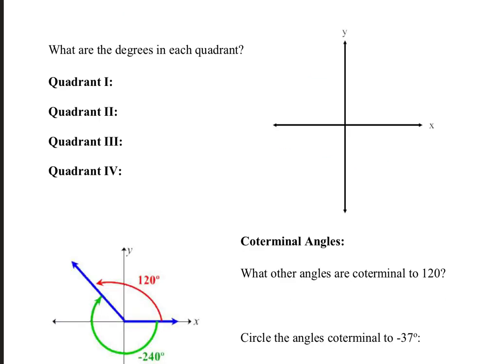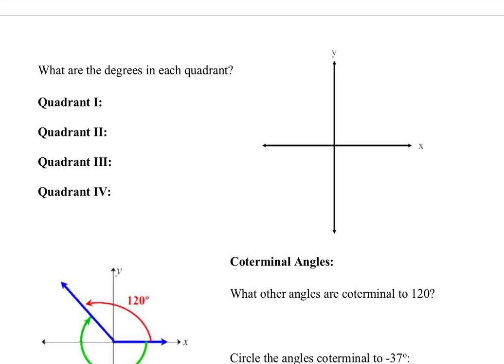All right, what degrees are in each quadrant? So if you were to draw an angle in this quadrant, what would the degree be? We don't really know exactly because we don't use protractors here, but we do know that it would be somewhere between 0 degrees and 90 degrees. So quadrant 1, if we're talking positive, is always between 0 and 90.